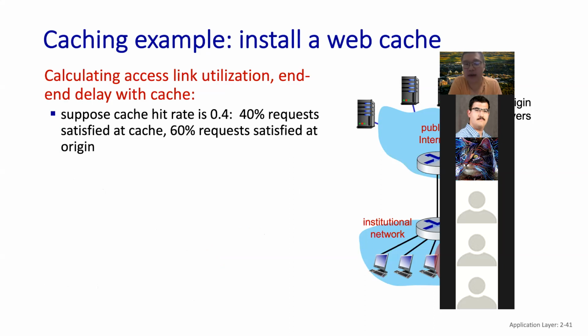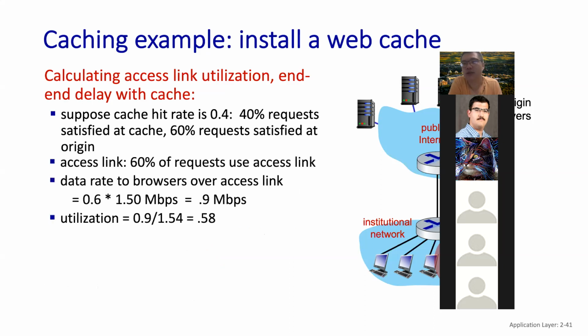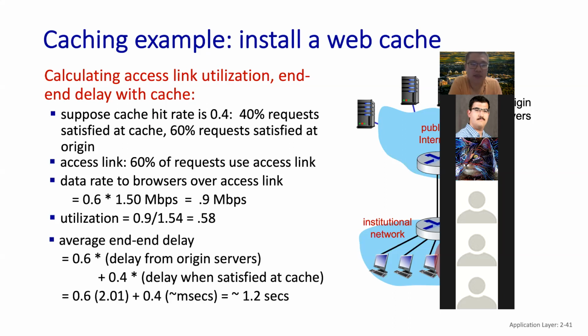You don't need to go to the public internet server, okay? But the 60% of requests have to go to the original server. Then we can do a simple calculation. The data rate to browse over the access link is 60% times 1.5 megabits per second, which would be 0.9 megabits per second, divided by 1.54.